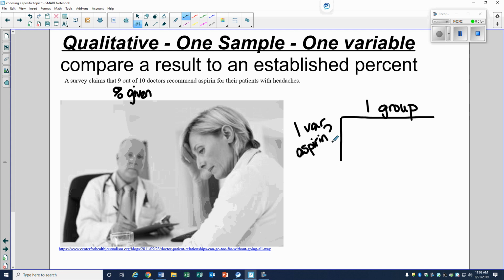Neither you nor I are licensed doctors, so we can only ask the question of someone who is licensed. So we're just going to ask one group of doctors whether they give aspirin or not, and once we get our result for this question, we're going to compare whatever percentage we have to the original percentage that was given to us to see if there's a difference.